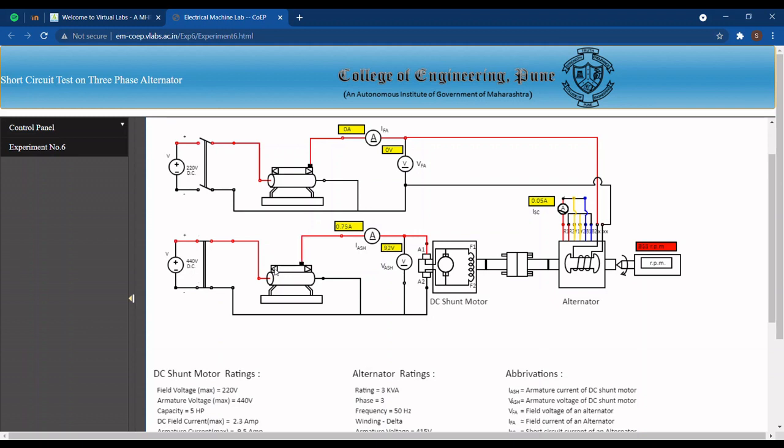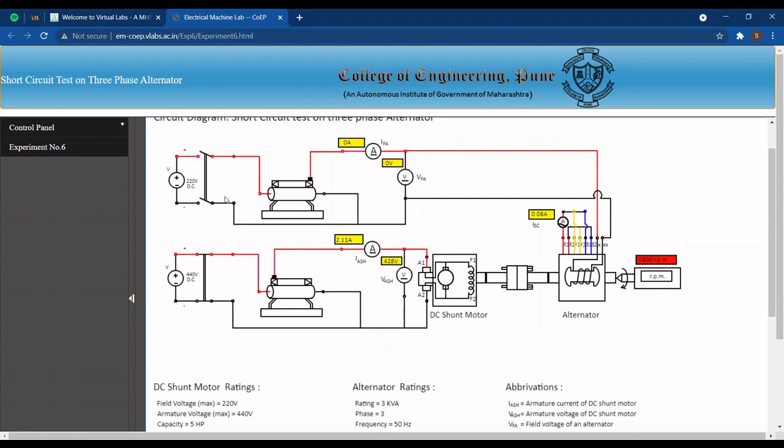The rated speed of the alternator is 1500 RPM. Now the alternator is running at its rated speed.